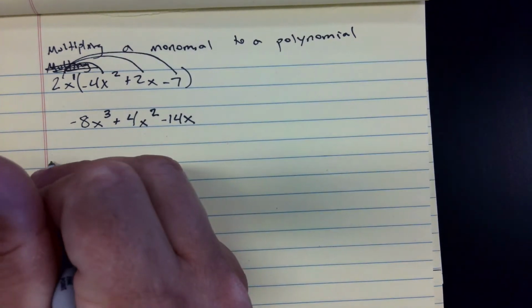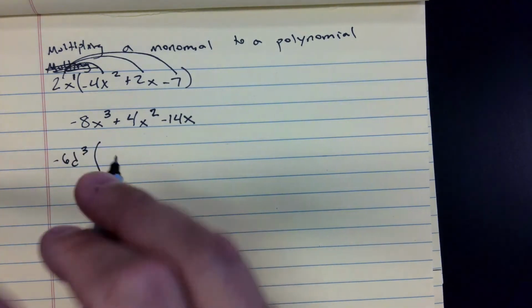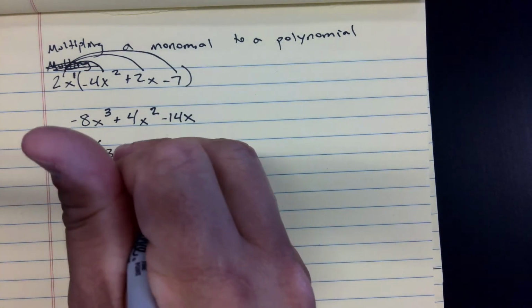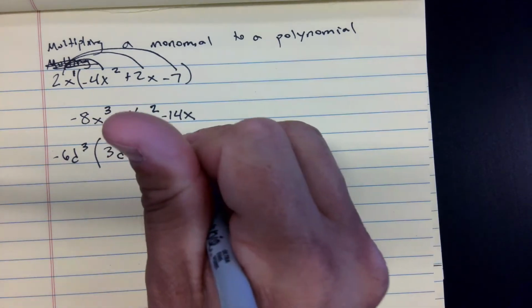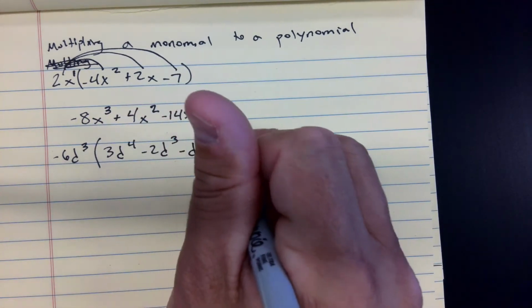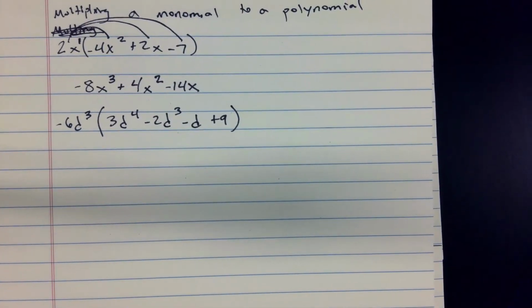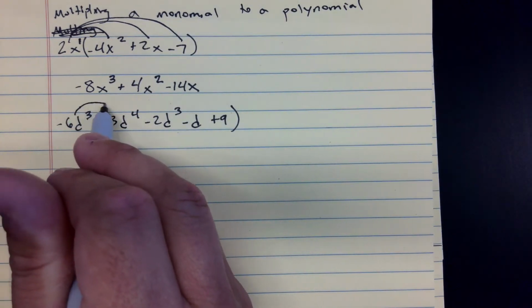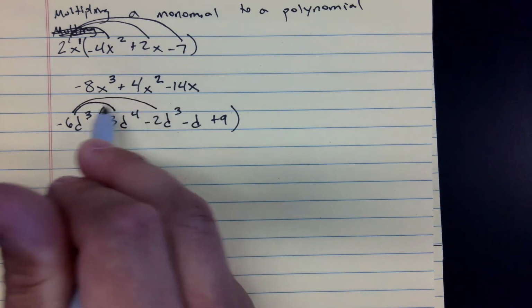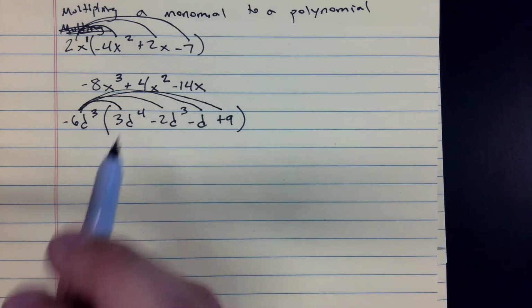Okay? So when we multiply exponents, we add them. Let's look at another one. If we had negative 6d cubed times 3d to the 4th minus 2d cubed minus d plus 9, the way I would do this is I would distribute this from the outside to everything on the inside.